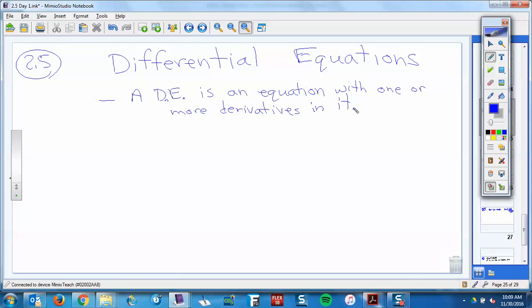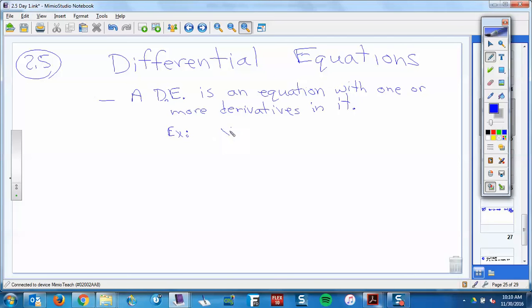If it's got a derivative in it, it's a differential equation. Okay, now, I would suggest to you we've already seen some of those. For example, what's the word equation? It's got to have a what in it? Equal sign, right? So it's got to have those two things. It's got to have an equal sign in it, so it's an equation, and it's got to have a derivative in it. If it's got those two things, it's a differential equation.